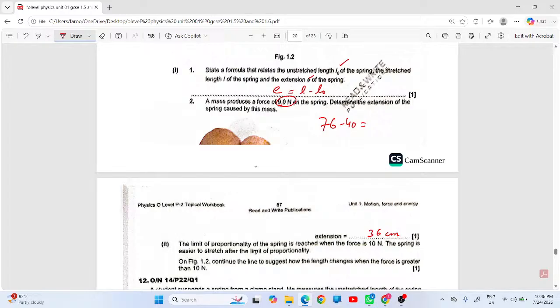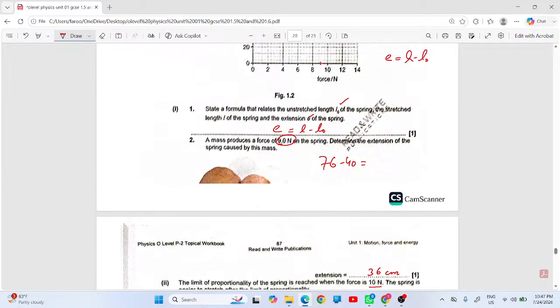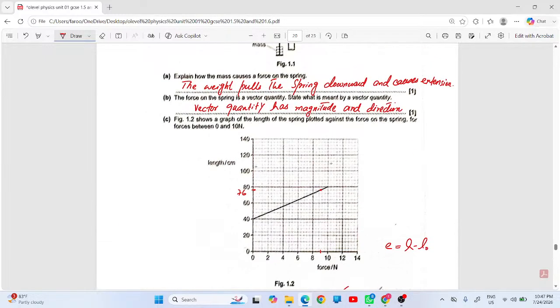The limit of proportionality. The spring is stretched up. On the figure, point continue. After it curves towards the length extension upwards. कैसा होगा?